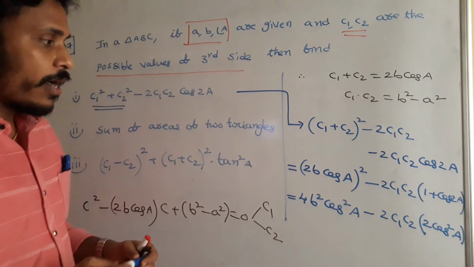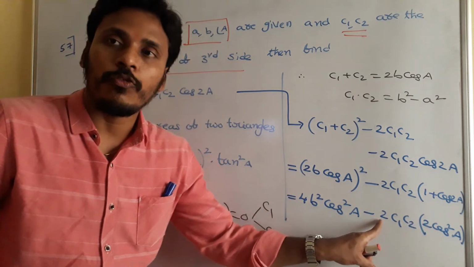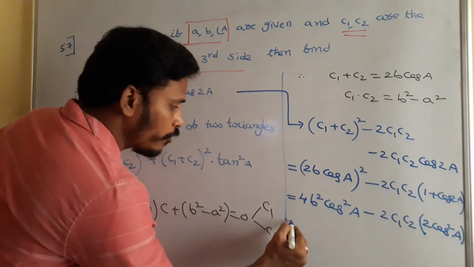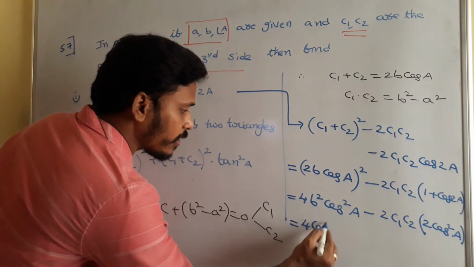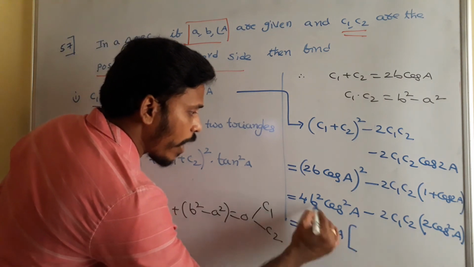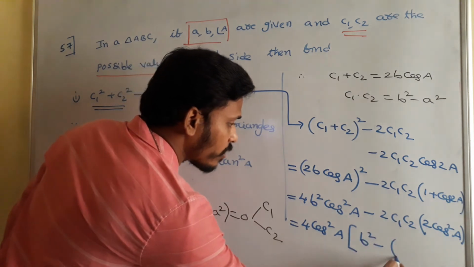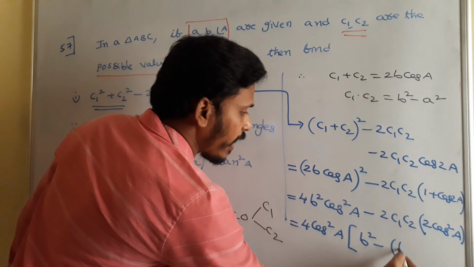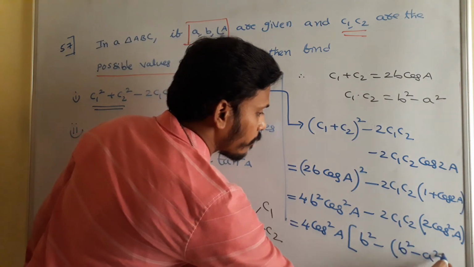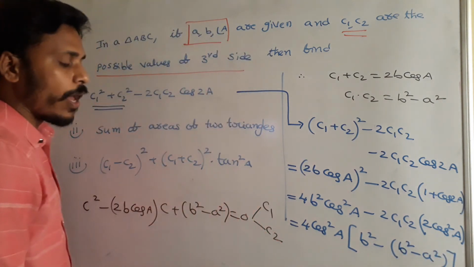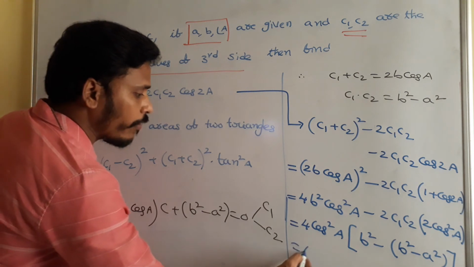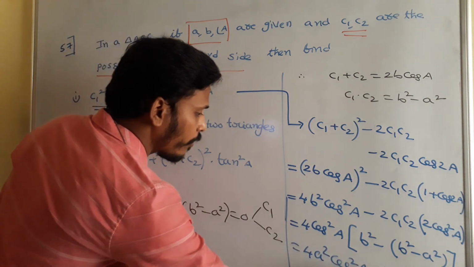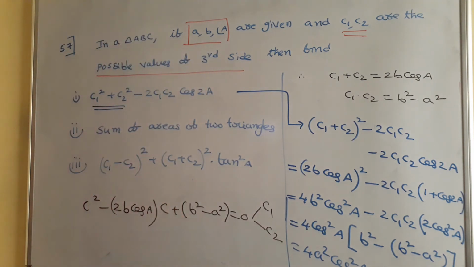Now 2 into 2 is 4, here also 4. Cos square a is a common thing, so you take 4 cos square a as a common term. Here you have b square minus C1 into C2 as the leftover, and that is again b square minus a square. So now b square will get cancelled. At the end you are left with 4a square cos square a. That's the simplification. Just have a look.